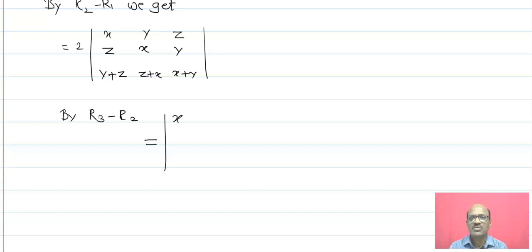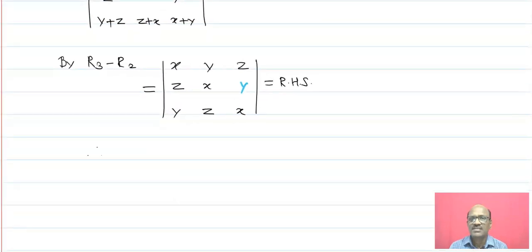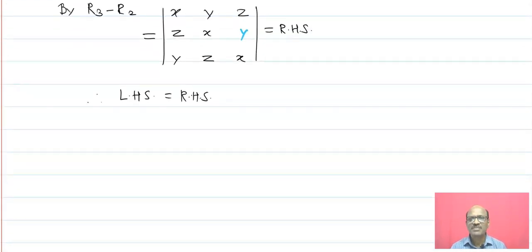Now R3 minus R2, and in this case we are getting RHS, and hence LHS is equal to RHS. That is 2 times, I forgot to write the 2 there. That is 2 times the given determinant.